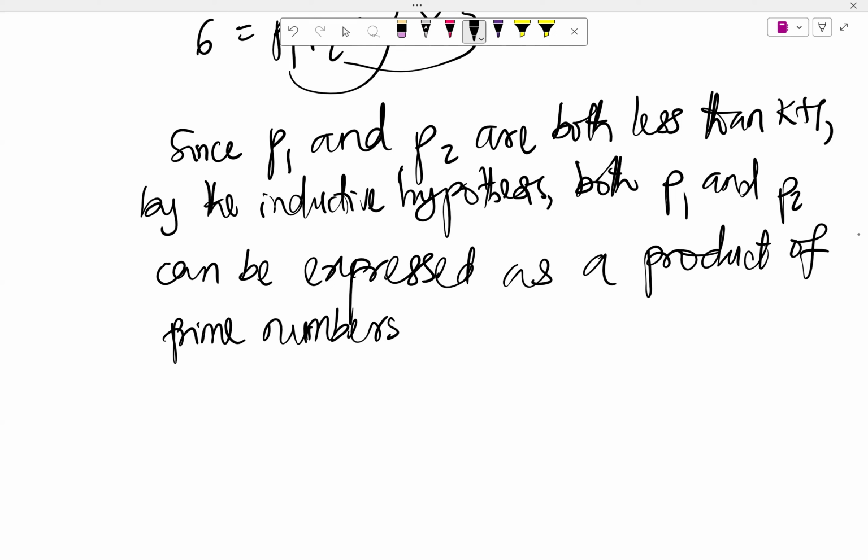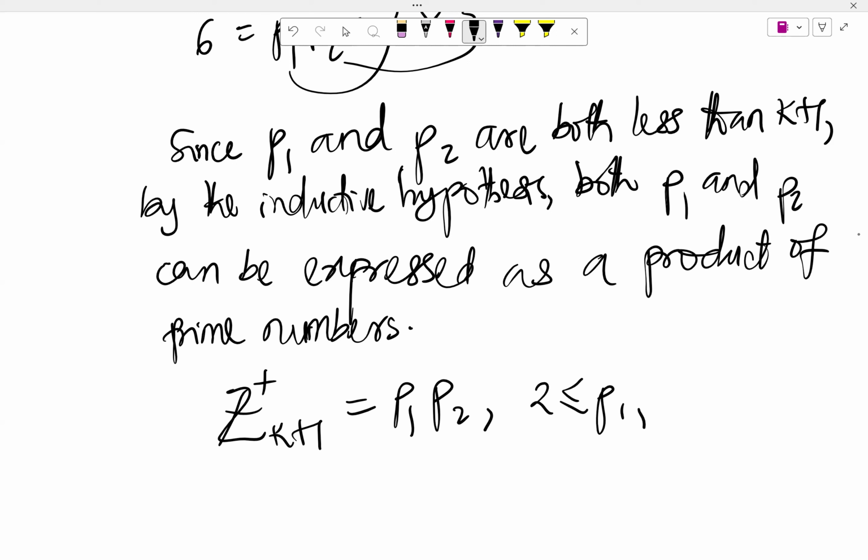All right. So basically, we are saying that Z plus k plus 1 is p1 multiplied by p2, and we know that the condition for this is that 2 is less than or equal to p1, p2, which is less than or equal to k.